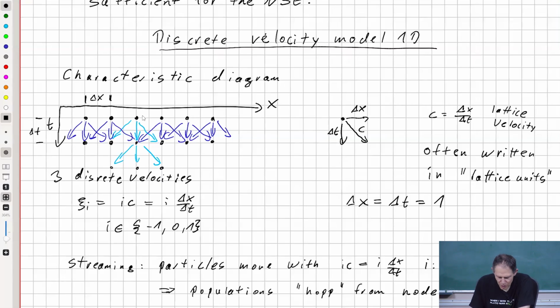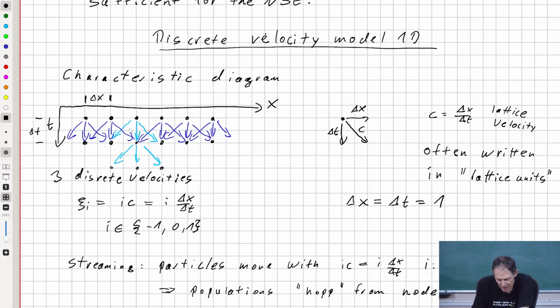So what you could assume now, this light blue thing is, say you have your population, so you have 3 populations associated with this node at that particular time step. But you could imagine them being stored there, there, and there, which means in between the time step and in between the lattice nodes.